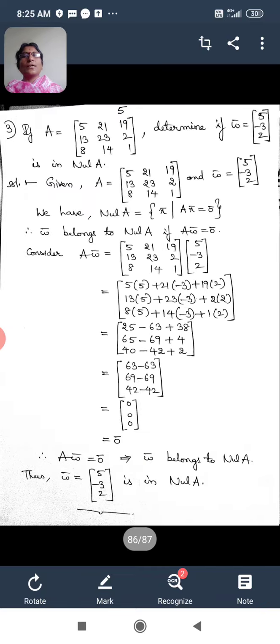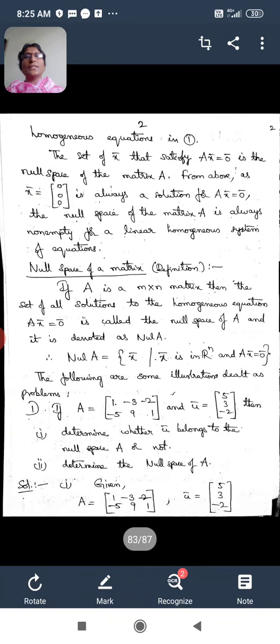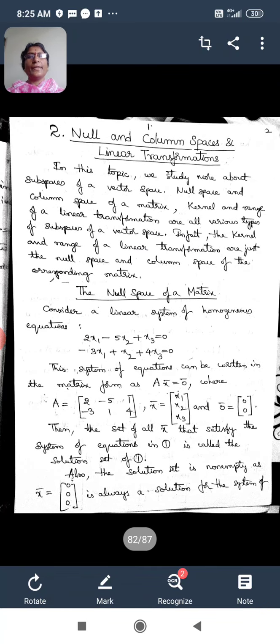That is the conclusion. So with this, in this video lesson, I have introduced the three terms: null space, column space, and linear transformations. In linear transformations we are going to study the kernel and the range of a linear transformation, and all four are subspaces of a vector space.